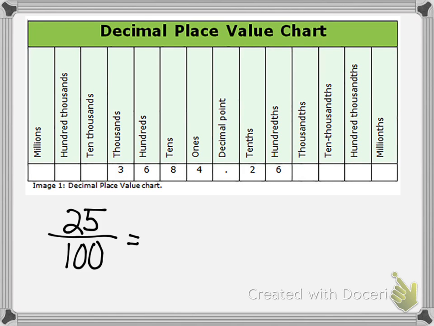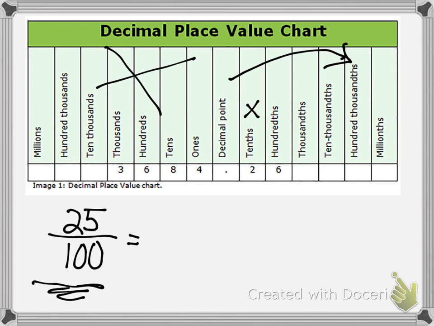Let's refer back to our decimal place value chart and see how we can convert 25 over 100 to a decimal. So this is not a mixed number, so we do not need the left-hand side of this chart because that's our whole number. We are going to look to the right side of our decimal point because that focuses on the fractional part. This is not the tenths. However, this is the hundredths because the denominator is in the hundredths place.